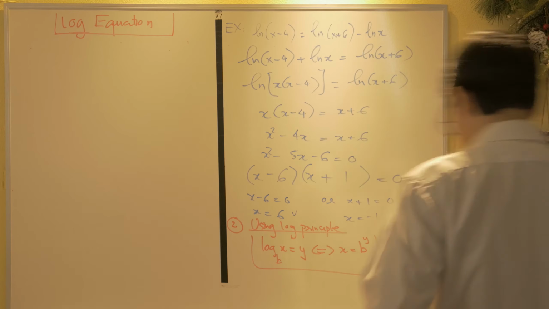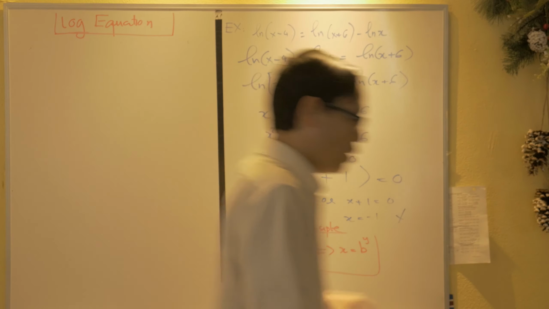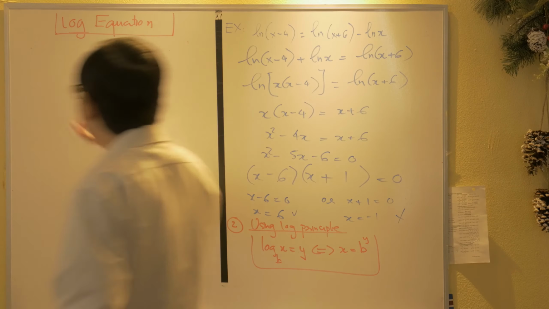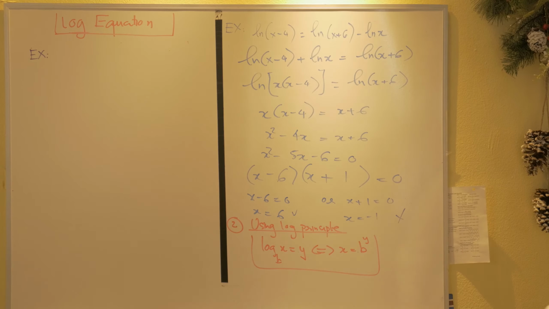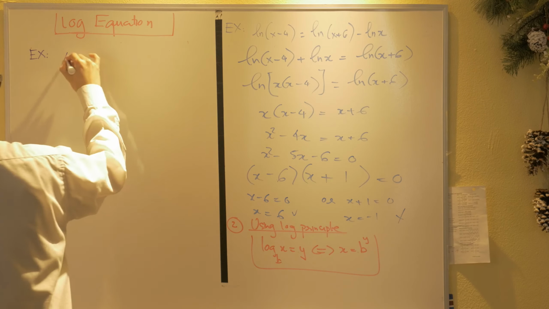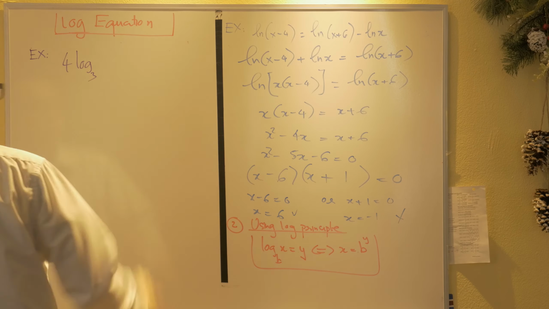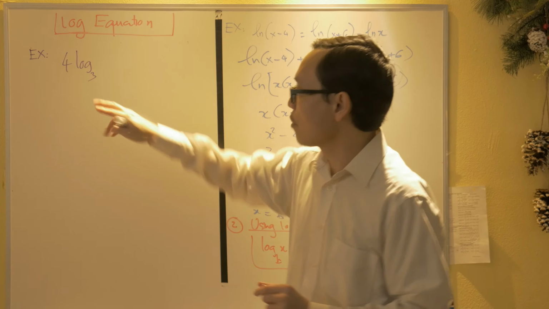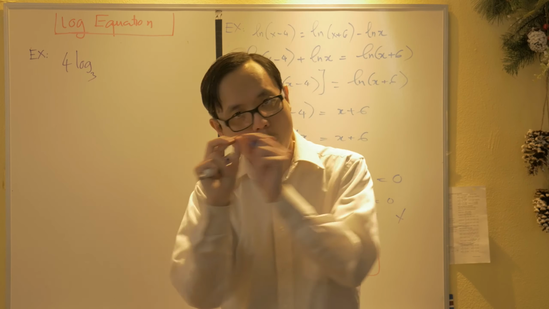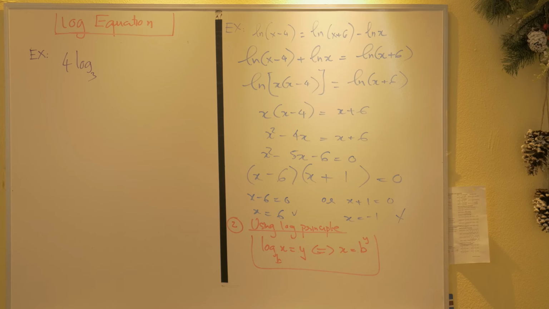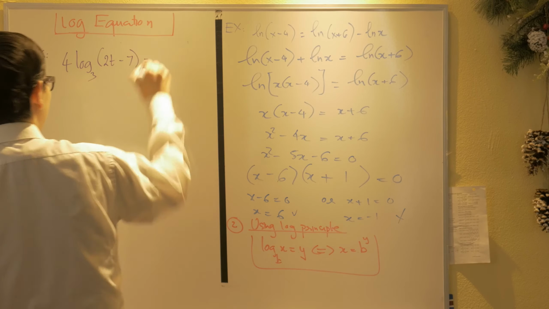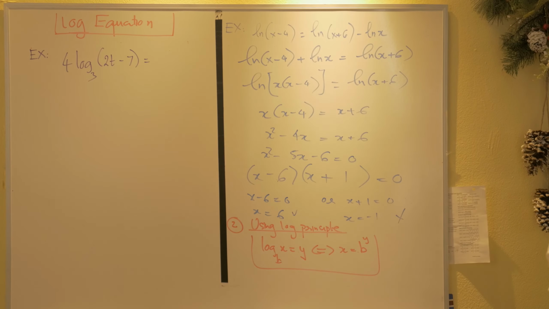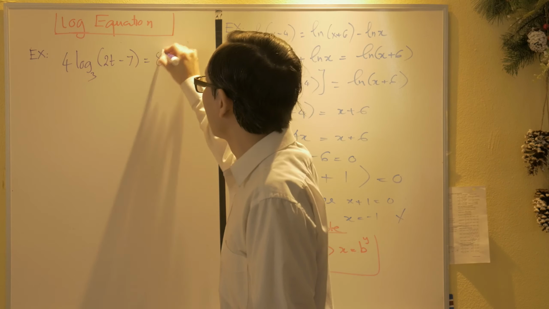For example, what if I want to solve this equation for log base 3, of 2t minus 7, equal to 8? Every time I write a base, I write it lower than the log, and smaller.